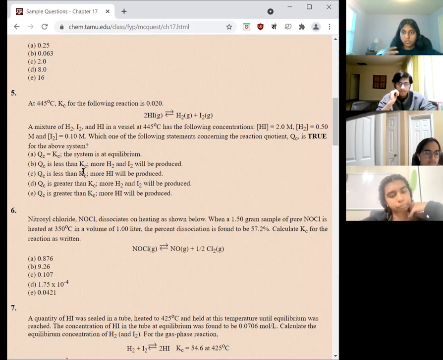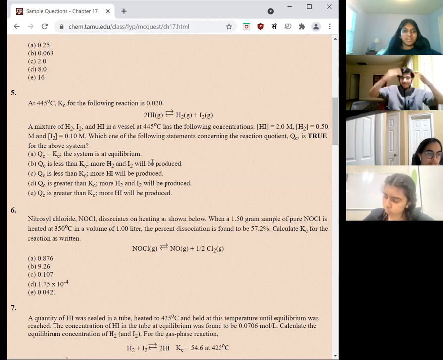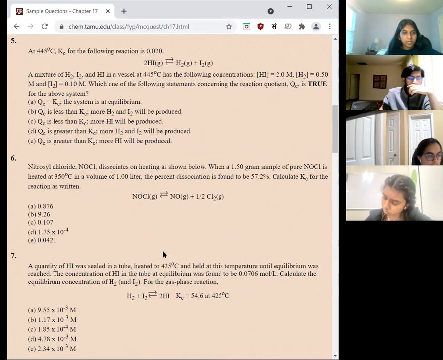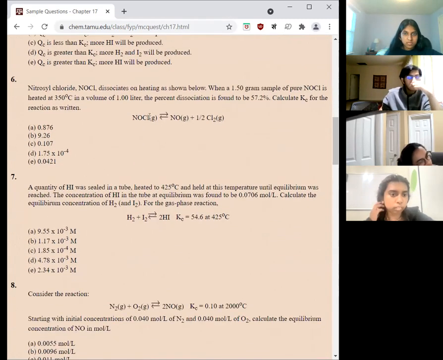Because of Le Chatelier's principle, you want to seek equilibrium again. If we have a smaller Qc than Kc, then a smaller Qc means less products. So if you want to get back, you need to push up the products and find that balance. So you want more products. So it should be B, I think. Yeah, it's B. Okay. Can we go back to the other one?